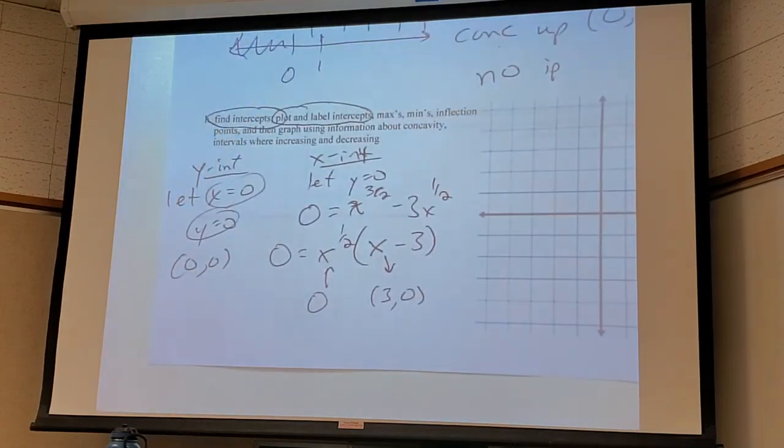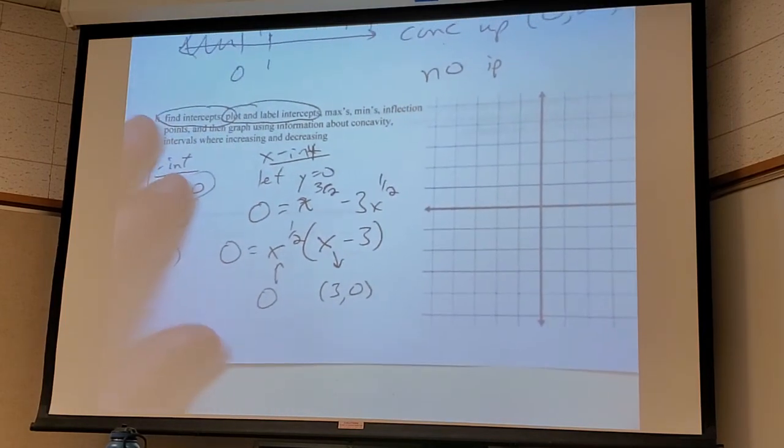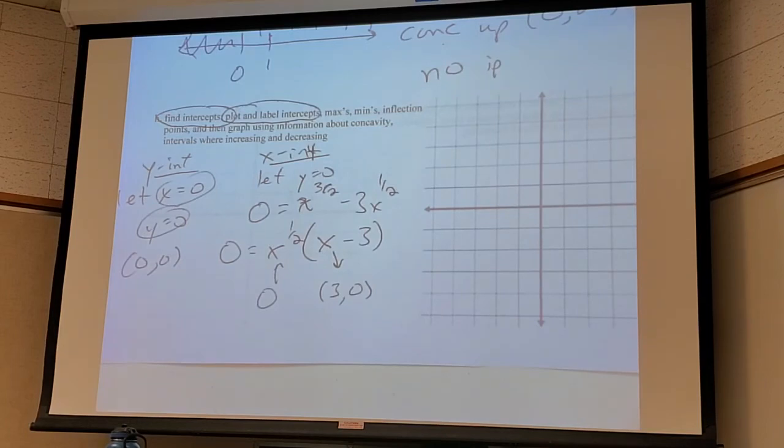I can make my scale just by 1, right? If my intercepts were like (3, 62), then I probably want to make a scale that's maybe by 20s or something. So the last thing you have to worry about is the scale, and it's going to be based on all the important points you're supposed to capture, right?